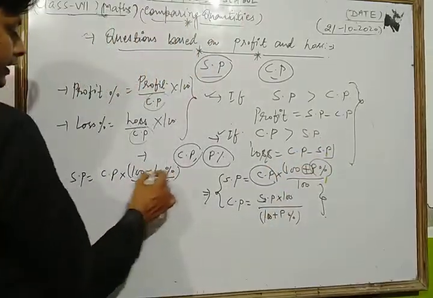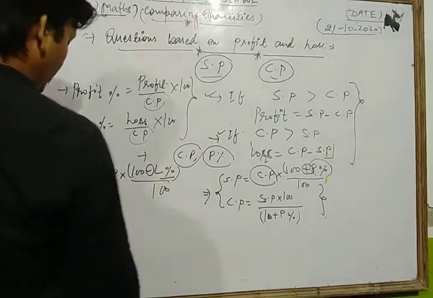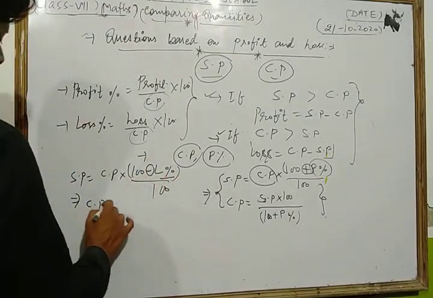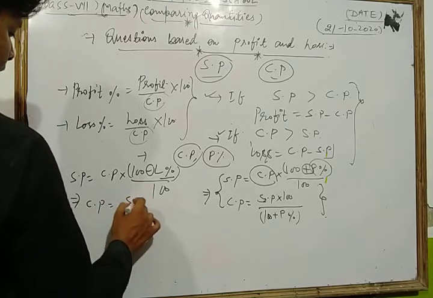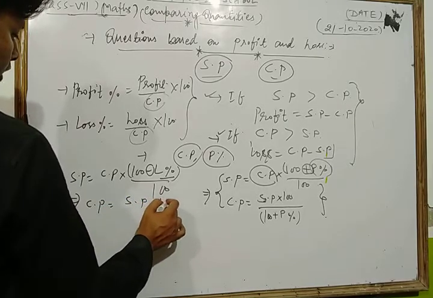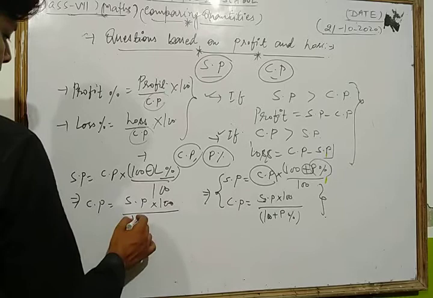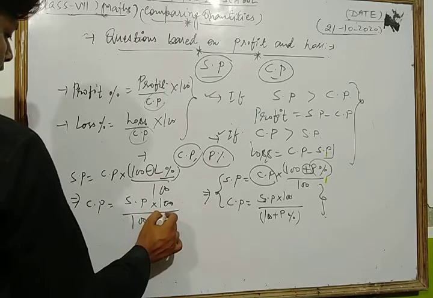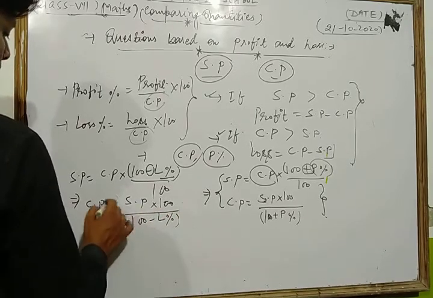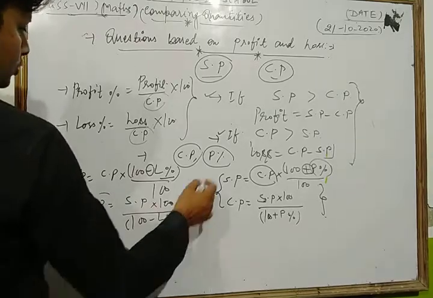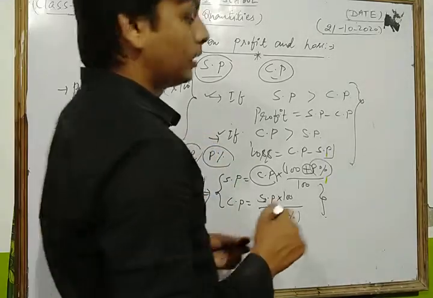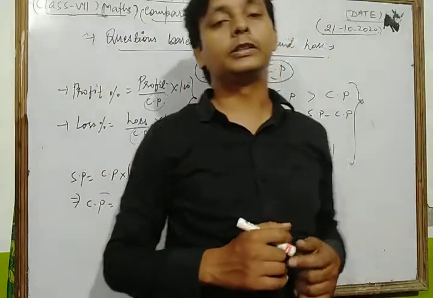If loss percent is given, then we apply the minus. And from there, the formula for the cost price is selling price into 100 upon 100 minus loss percent. So these are some very important formulas related to that topic.